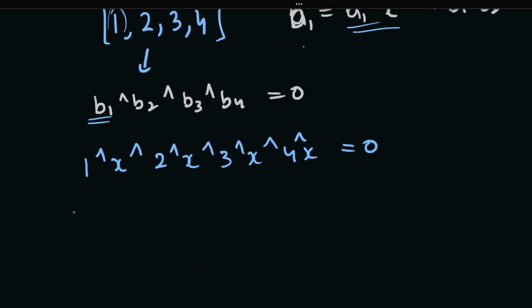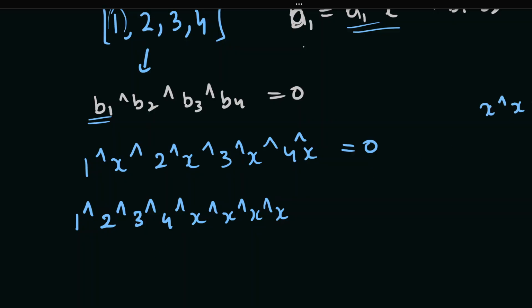Now what I'll do is rearrange it: 1 XOR 2 XOR 3 XOR 4, XOR x, XOR x, XOR x, XOR x. In this case, we know that x XOR x is equal to 0, so we can cancel this out. This is 0. Now is there an x?